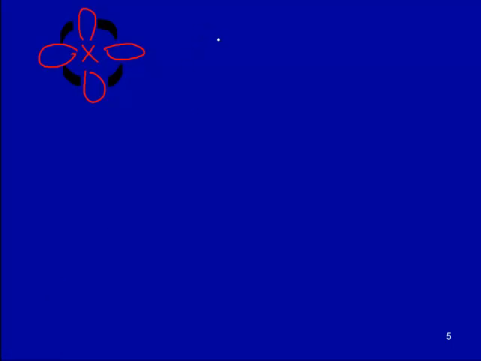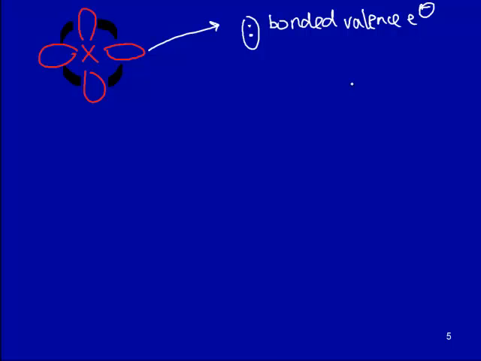You can take a closer look at those electron groups. Either they contain what we call bonded valence electrons, because those are the bonds shared between the central atom and surrounding atom.